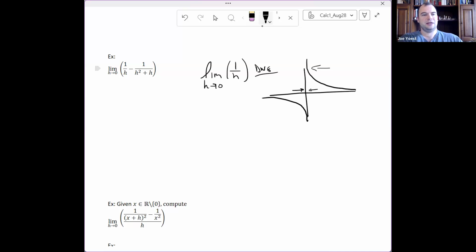I do notice that I have the difference of two rational expressions here. Maybe I can combine them into a single rational expression and clean things up a little bit. Maybe I get a little more clarity that way. I know rational expressions are a little easier to work with than more complicated functions like this one. Now the denominator of my second term, h squared plus h, is just h times h plus 1.